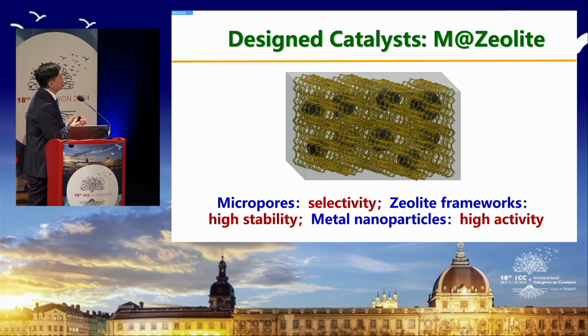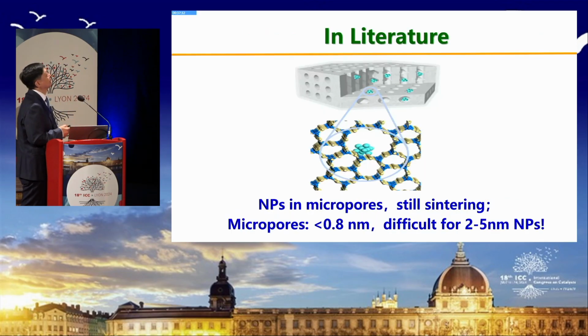Our designed catalyst has metal nanoparticles fixed within a zeolite framework, where the micropores offer the selectivity. The zeolite framework shows very high stability, and the metal nanoparticles show very high activity together.